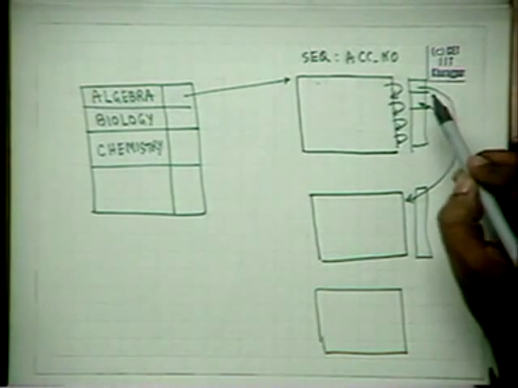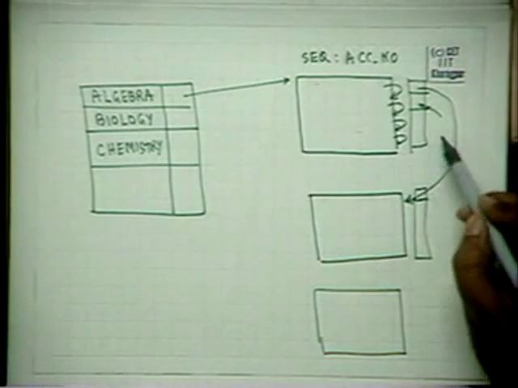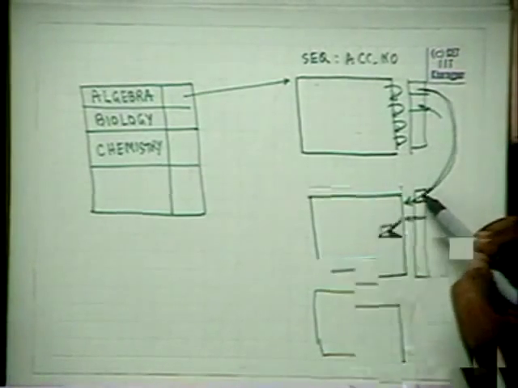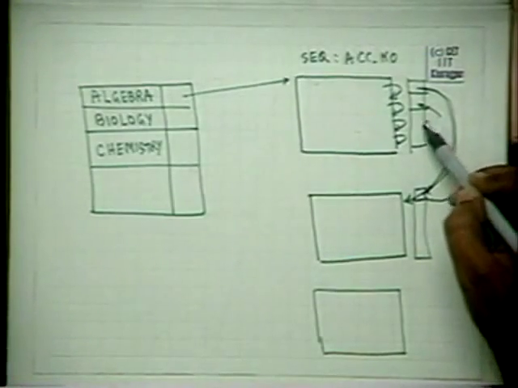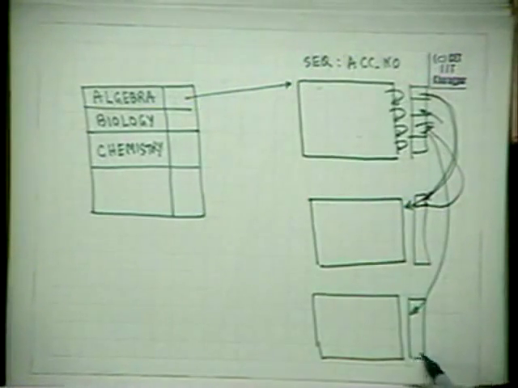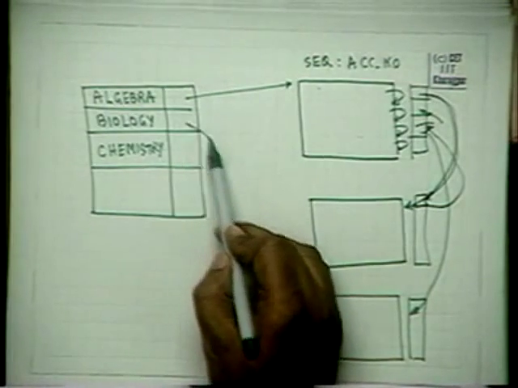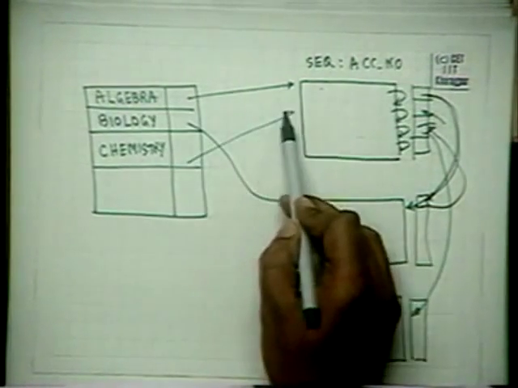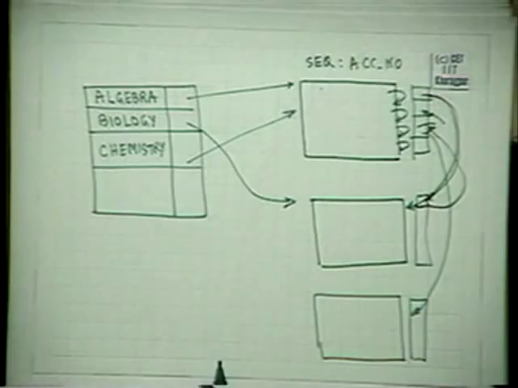This is one idea which I may put. I may have this one pointing here, then this one pointing here, and so on, and this will point to the actual record somewhere like this. I will use another set of pointers to move up and down.